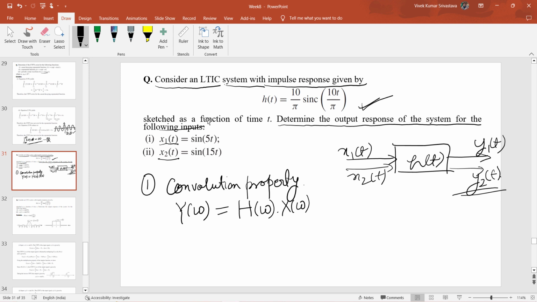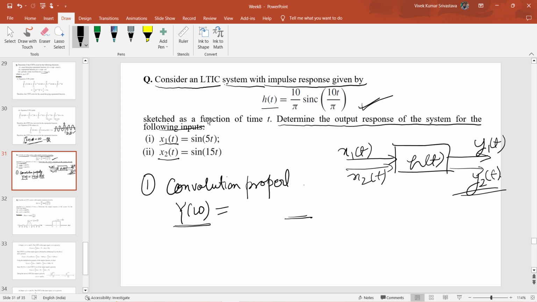So h of t is given to us. If we evaluate h of omega and the corresponding x of omega from x of t, which is given to us, then by using this we can easily evaluate the response of this system. So now let us first evaluate the value of h of omega. h of t is given to us, which is a sinc function.